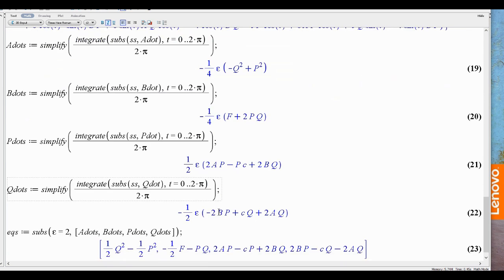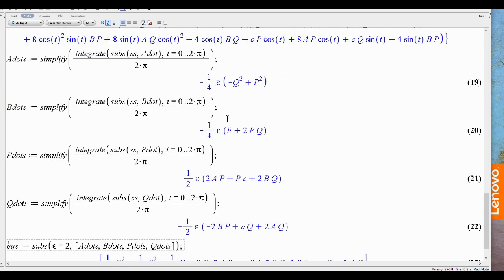That's Q dot. Now, after we have averaged, you see I can set epsilon to be any number and it just stretches the time scale. So I will just set epsilon equal to 2 to get rid of these things. This square bracket over here in this list is important. The square bracket makes it a list.